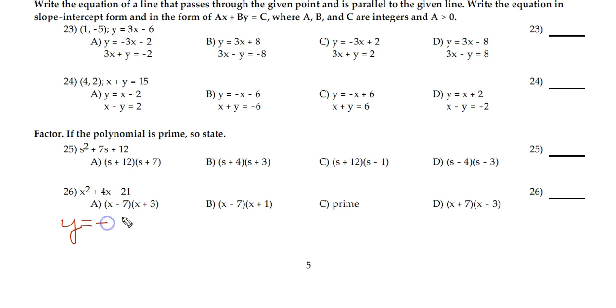On this side, it becomes -x. And then we need our new b value here, whatever that will be. But our slope now we know is -1, or just -1x in a sense. But the slope is -1.